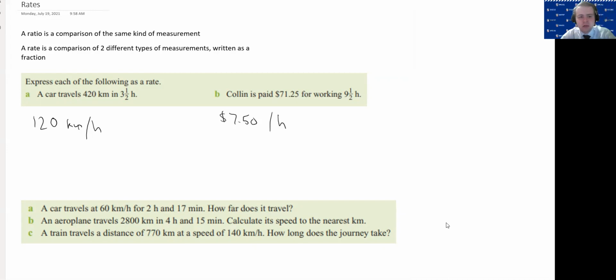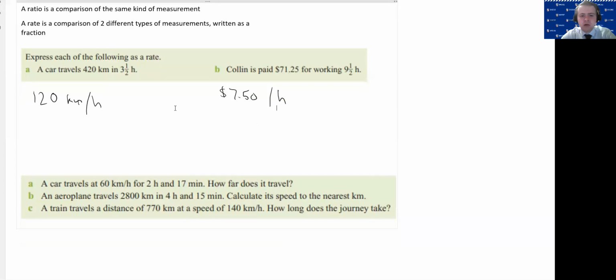Now, the exception when we write our units is for money. The dollar sign goes in front, to the left of the amount of money, and then we write per hour or per whatever. Everything else, the units will be after the quantity, as we saw in that first example. Okay, so finding a rate, you're just dividing two quantities that have different units. Don't forget to write your units after you've done it.